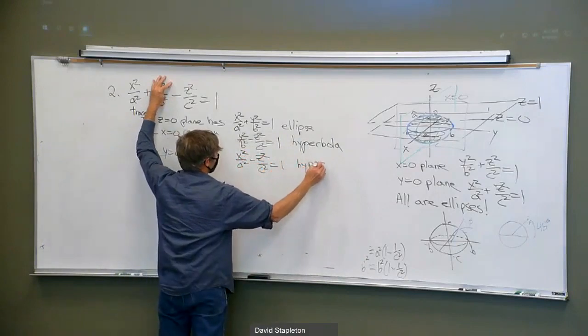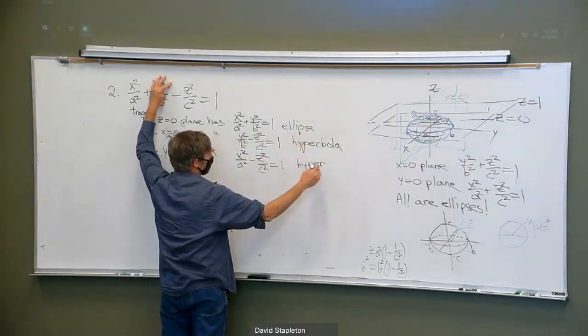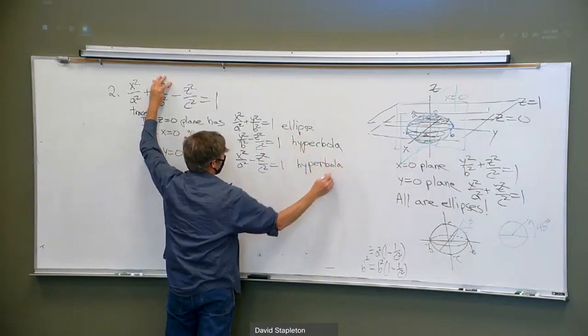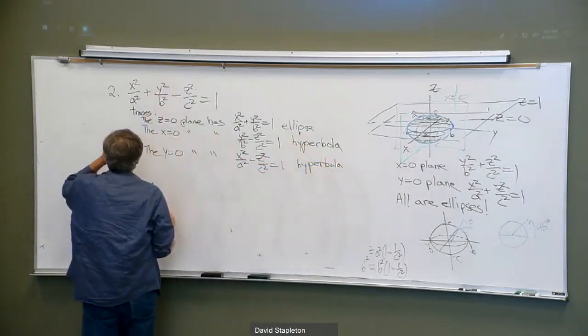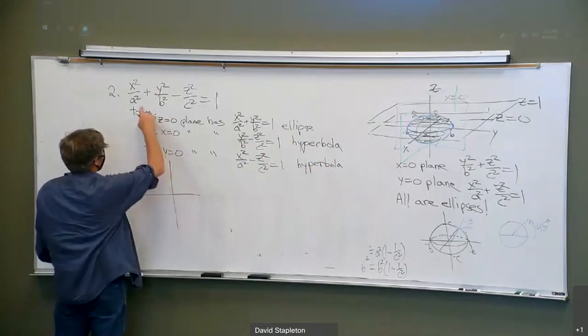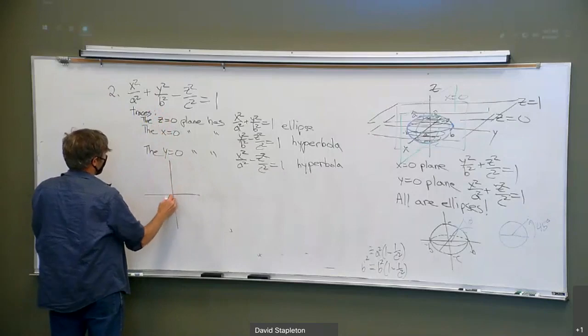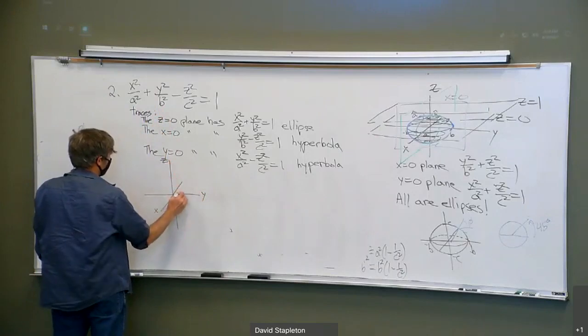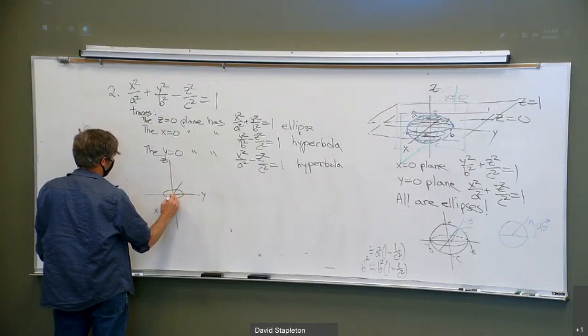So the cross sections, instead of being ellipses in all three directions, are ellipses, hyperbolas, hyperbolas. And you can try and sketch some of these. The idea is that a, b, and c are just given positive numbers. So in the xy plane, I get this elliptical cross section going out to a on the x-axis and b on the y-axis.